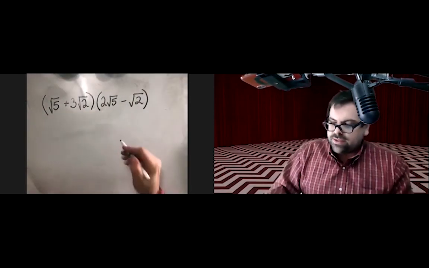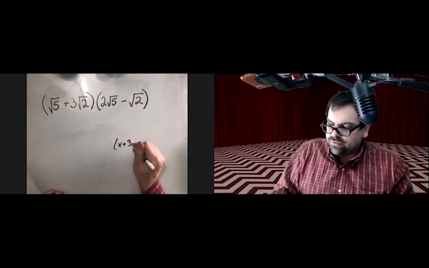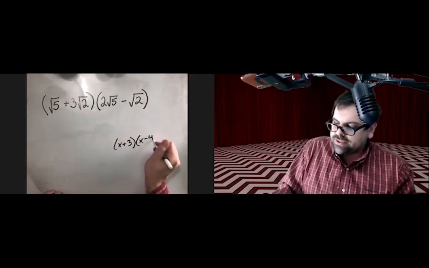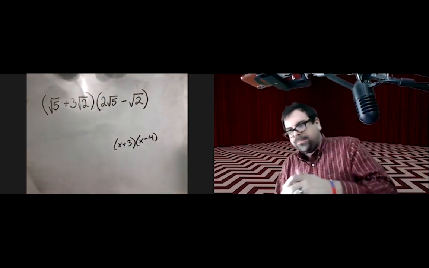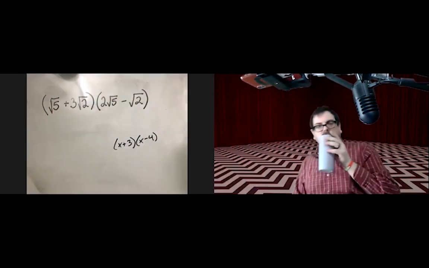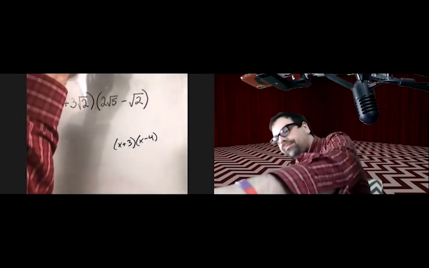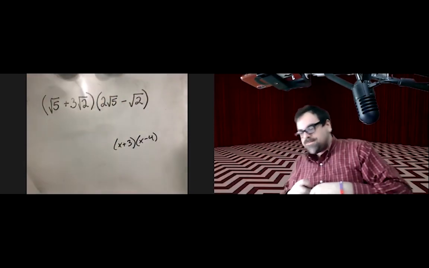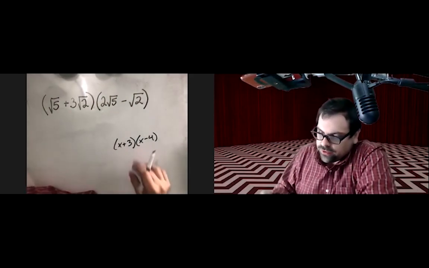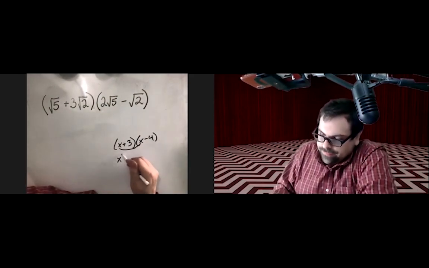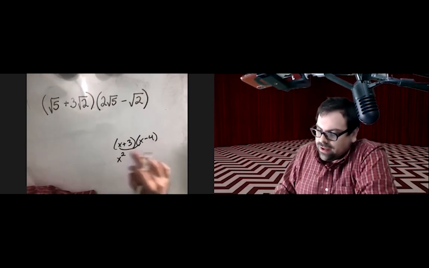If this was something like x plus 3 times x minus 4, what would we do? We would FOIL. First, x times x is x squared.